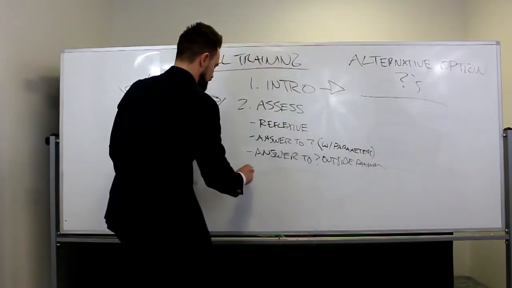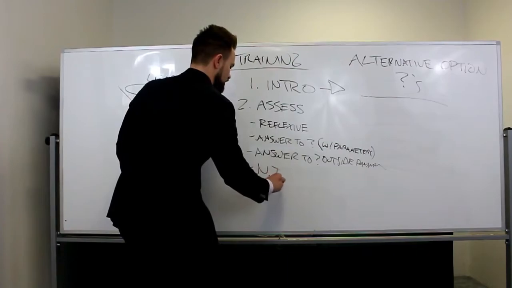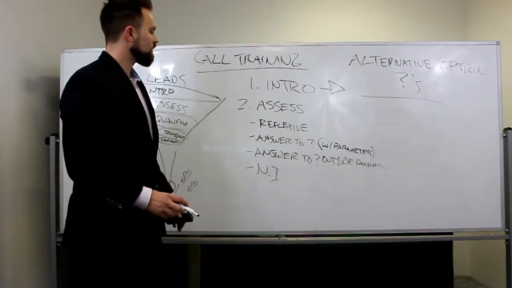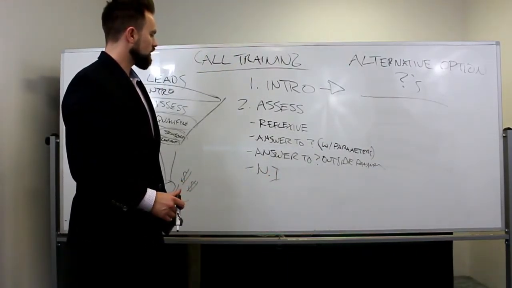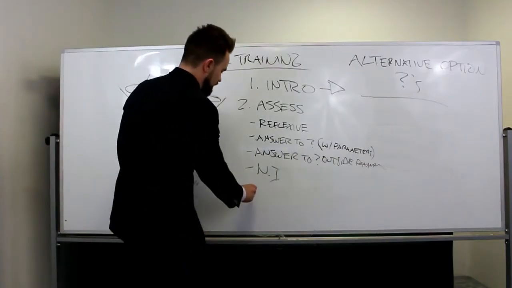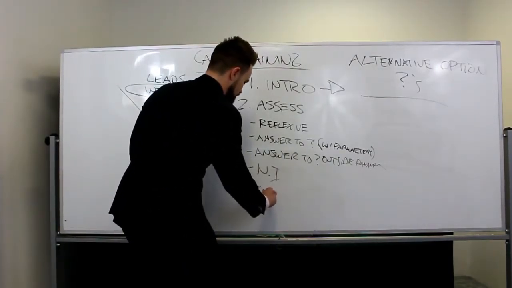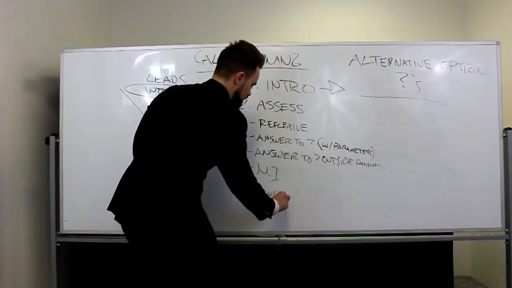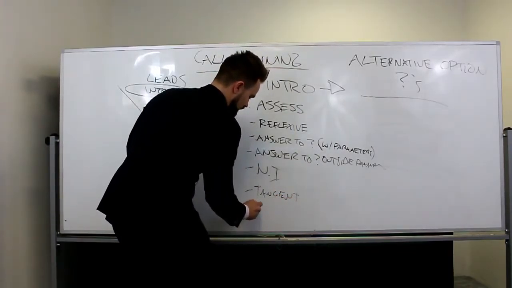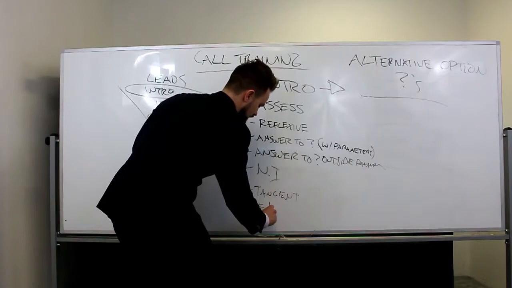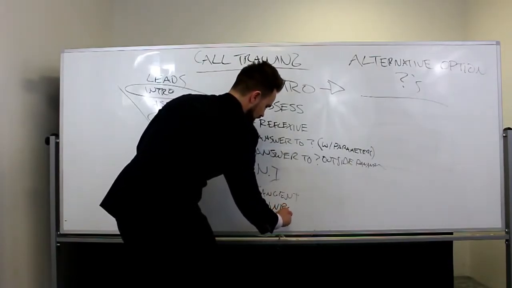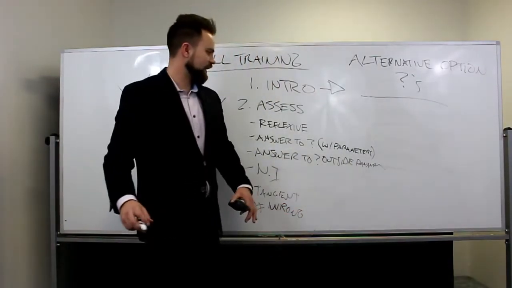Okay? You're going to get a not interested. And then sometimes you'll get a random tangent. Or you got the wrong number. Okay. Lovely writing here. So let's break these down.